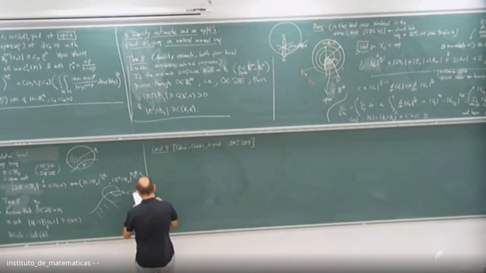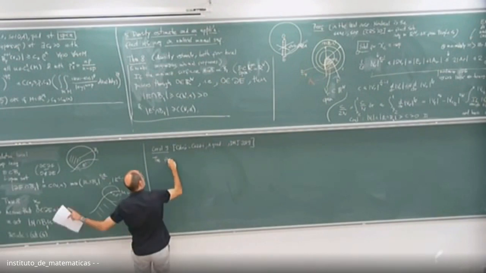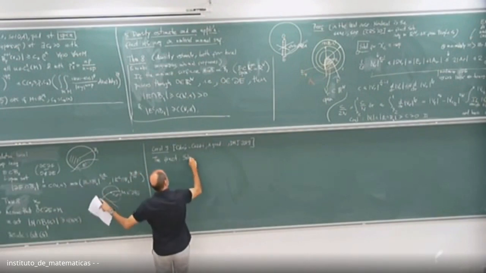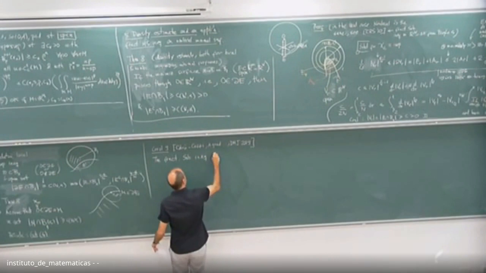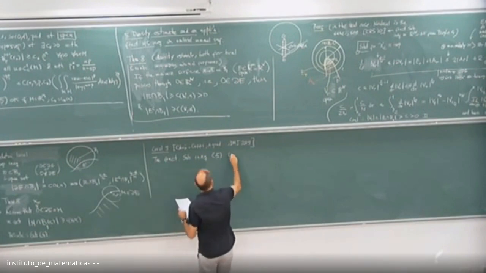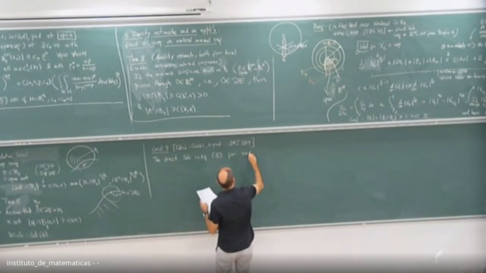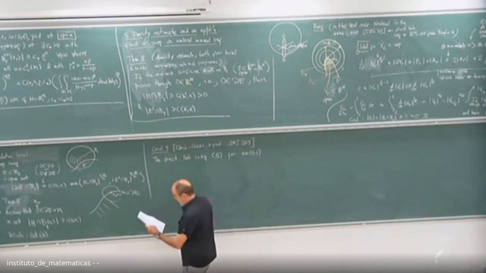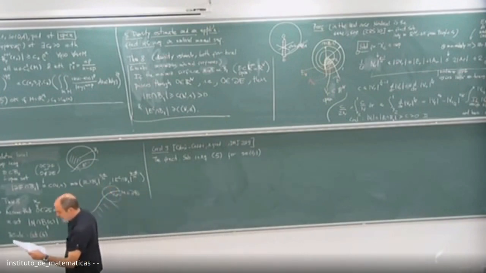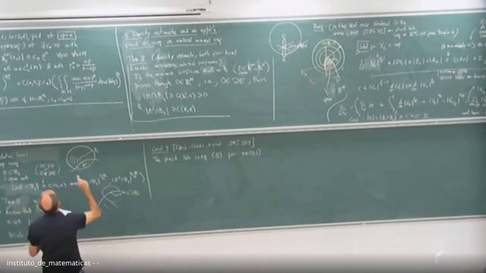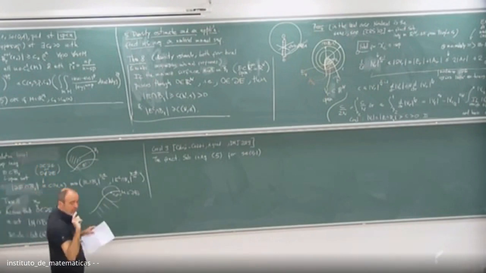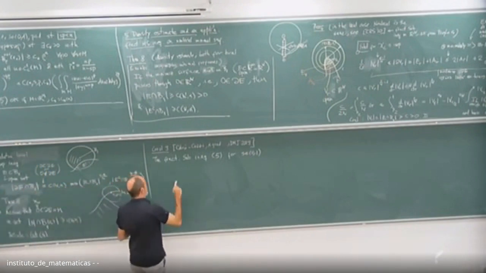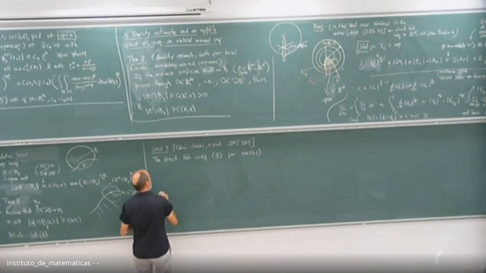Okay, and it says the fractional Sobolev inequality 5 for s. There is one parameter s here, and now there will be another fractional parameter for s.